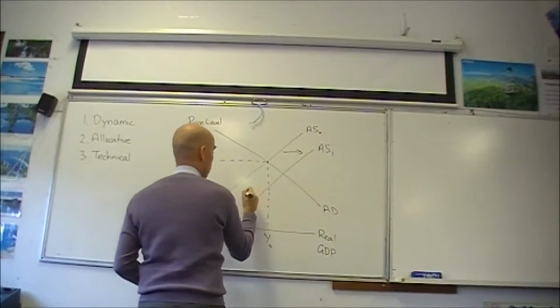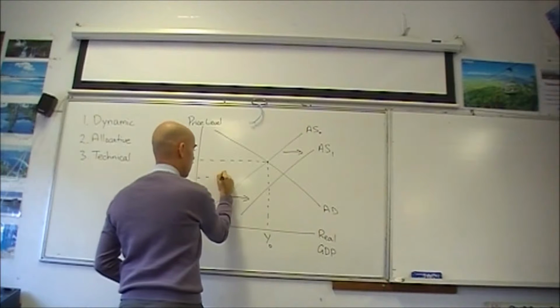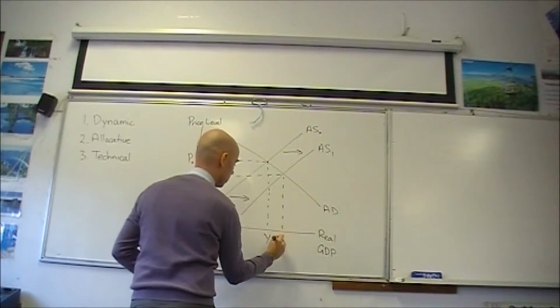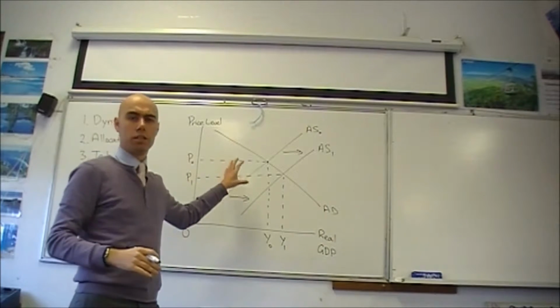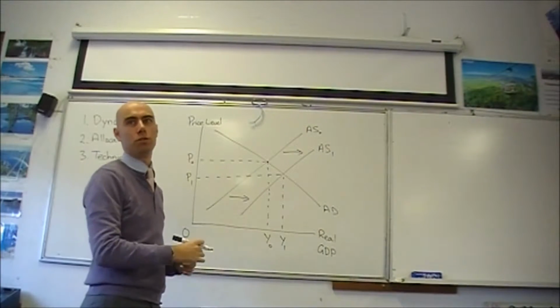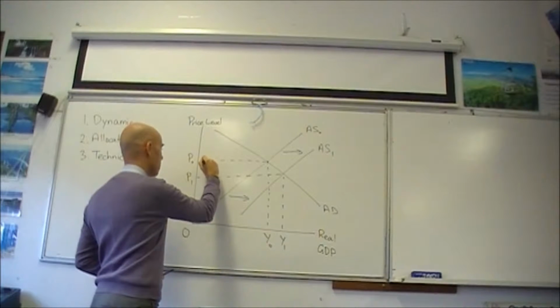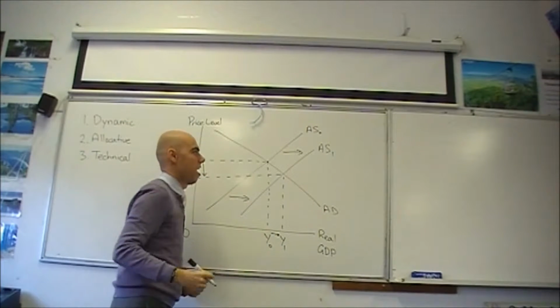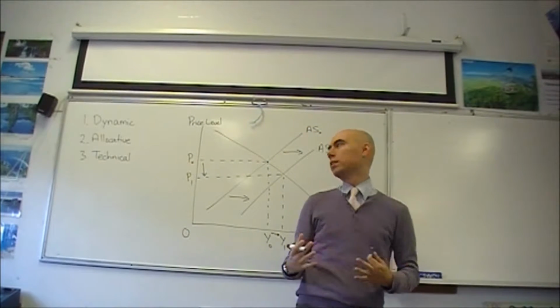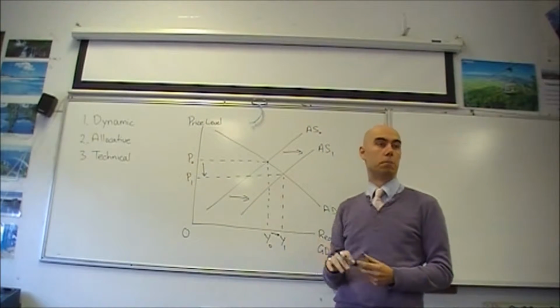And you get to a new point of equilibrium at Y1, P1. We like this a lot as economists, because your prices come down, but your income goes up. Ideally, that is the preferred option.